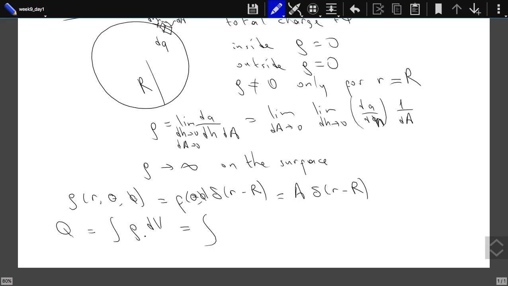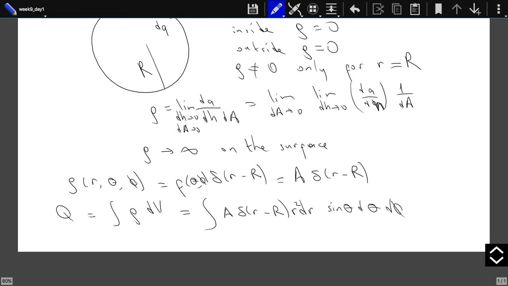And this would be, well, rho is A times Dirac delta r minus R. I have integral over r times r squared, integral over sine theta d theta, and d phi. Well, nothing depends on theta and phi. If you take those integrals, it just gives you 4 pi A. Well, the radial integral is easy to evaluate. I have that Dirac delta over there, and that Dirac delta tells me that I should just replace r by the radius of the sphere wherever I see it.